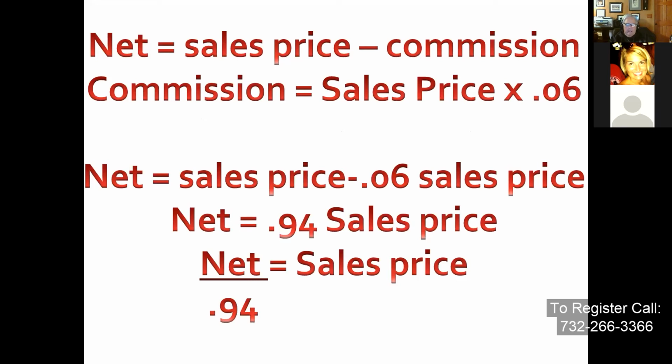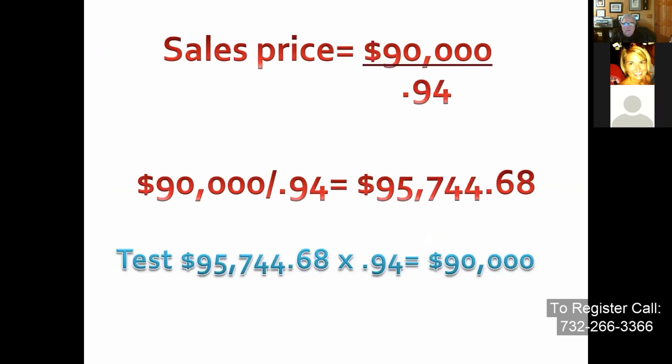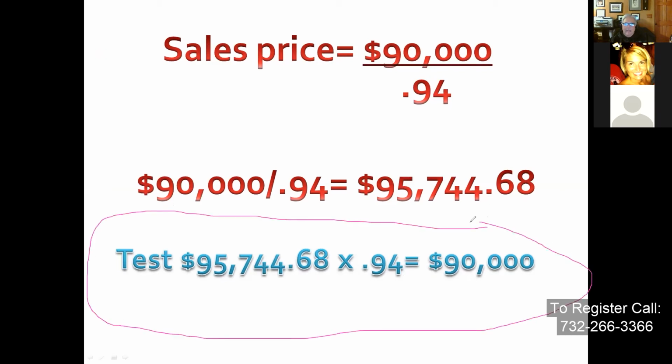So we're going to take our $90,000 divided by 0.94. That means our sales price is going to be $95,744.68. Now, if we wanted to test it, we would take that number, 95,744.68, and take away 6%.